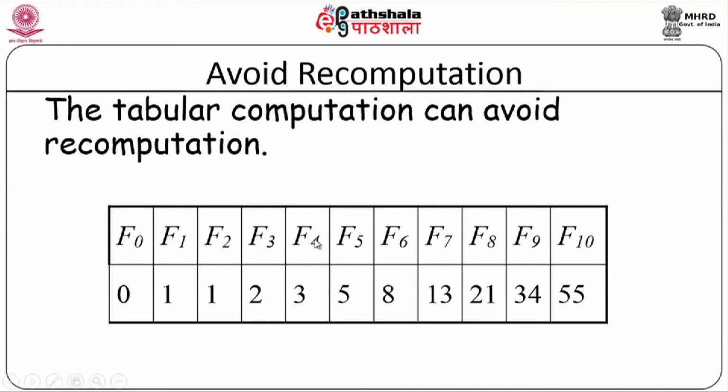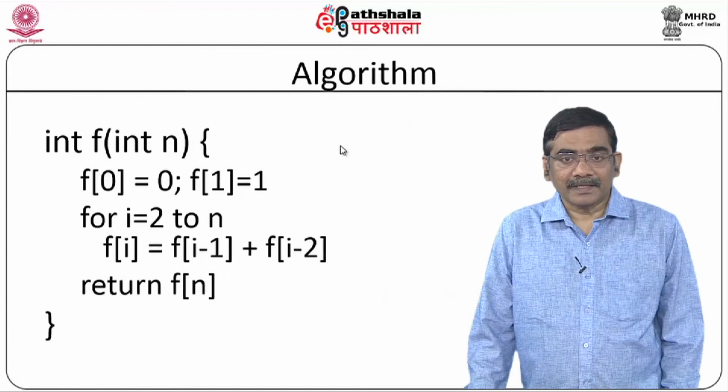So, that means now if I want to compute F4, instead of computing this as the sum of Fibonacci of 3 and Fibonacci of 2, I can simply refer to this table and retrieve the value from it. So, I am trying to avoid recomputation, and instead I am going to use reuse, so that the algorithm is very effective.